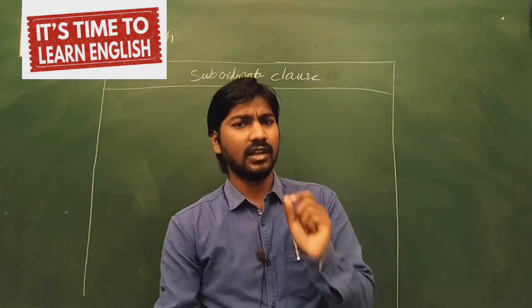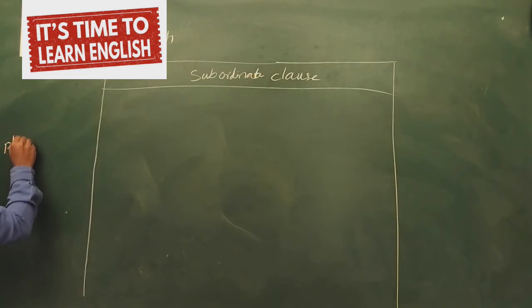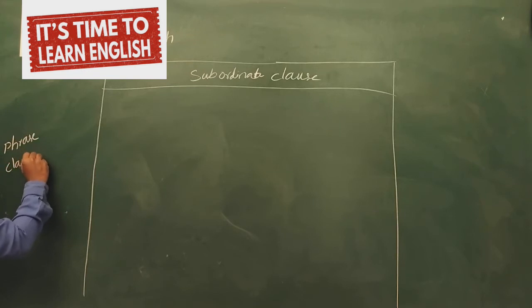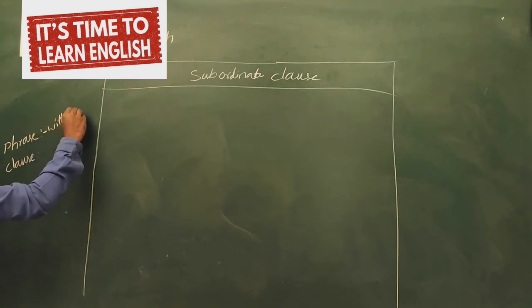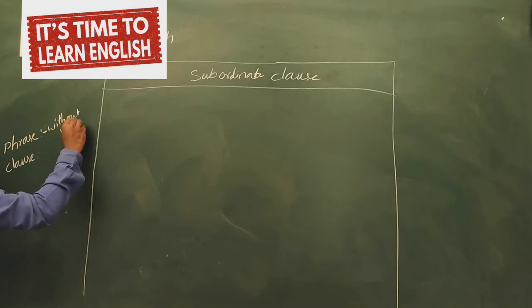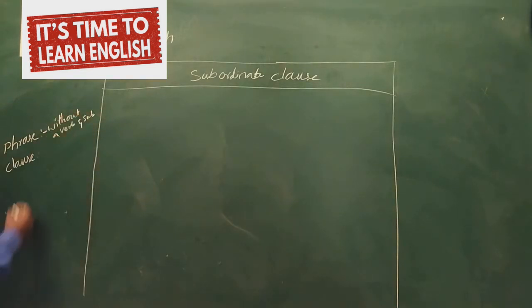So a simple definition: a phrase is without a verb and a subject. Just remember, you don't need to worry about all these noun phrases or verb phrases, very simple for you. And what is a clause?